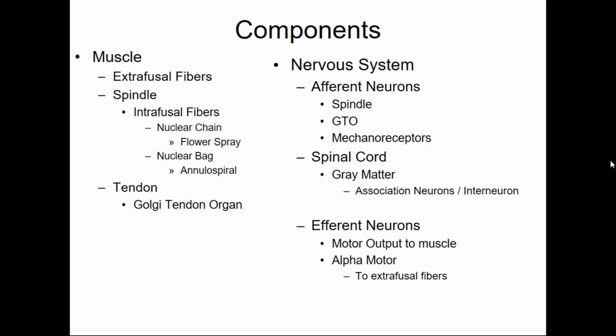Alpha motor neurons go to extrafusal fibers, and gamma motor neurons go to the intrafusal fibers within the spindle. You need to have stimulation to both of them at the same time to assure that they stay in synchronization with one another. So everybody has a general understanding of the nervous structures that we're going to need to discuss.